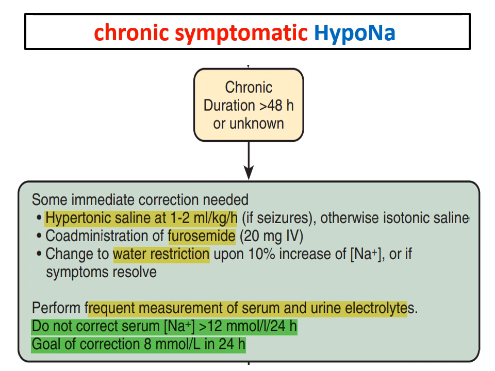Because they have symptoms, we should correct immediately by giving hypertonic saline, and it will be given by IV infusion, as we said before. Remember the general rule: your goal is 8 to 10 millimole per day. Don't increase over 12 millimole to avoid cerebral osmotic demyelination.